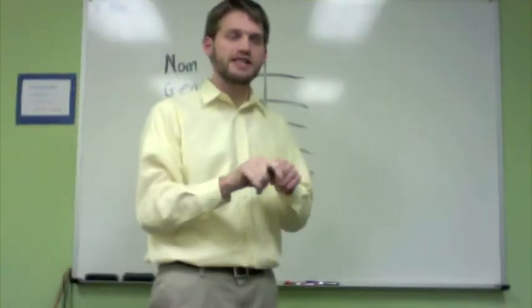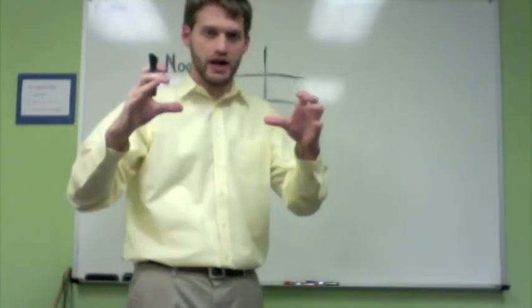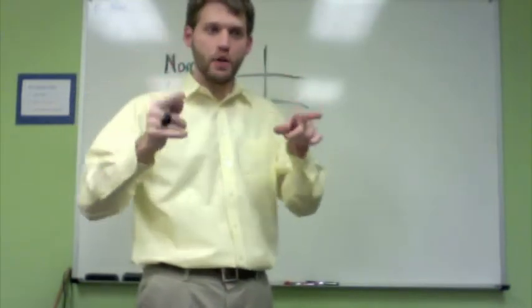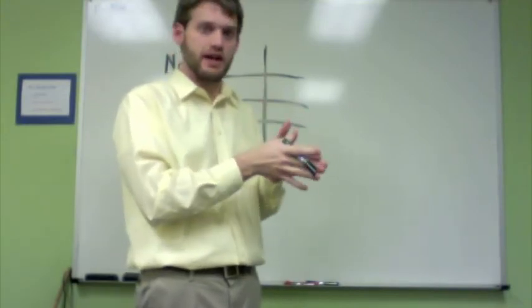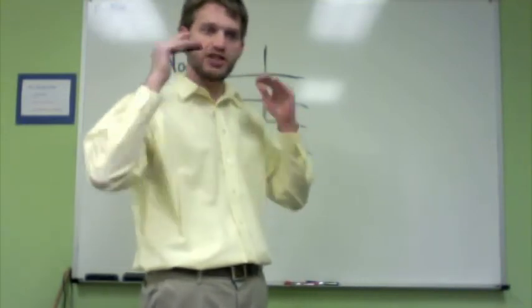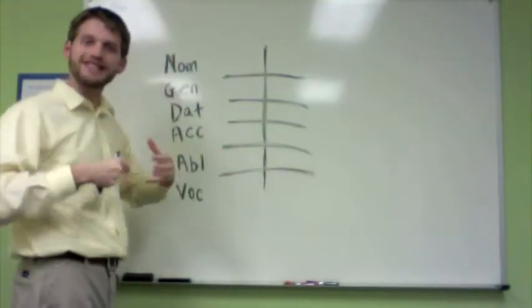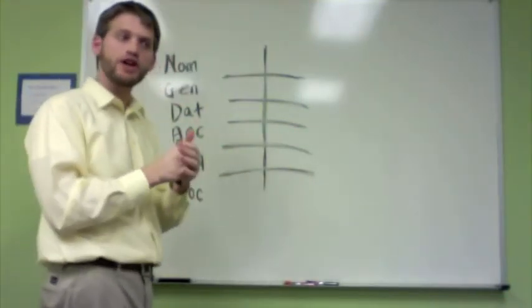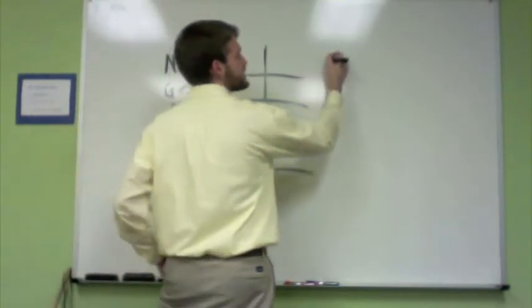Remember from the last lesson, case is all about the ending showing us what the word does. That is to say, I can look at the way the word is formed, and it communicates to me what the word does in the sentence. We've got to understand that, just like he, him, his. All right, so the nominative. What does the nominative case show us? When a word is in the nominative, it tells us what the subject is.